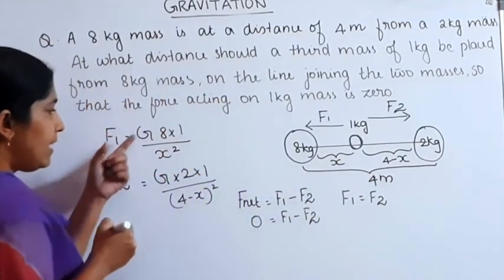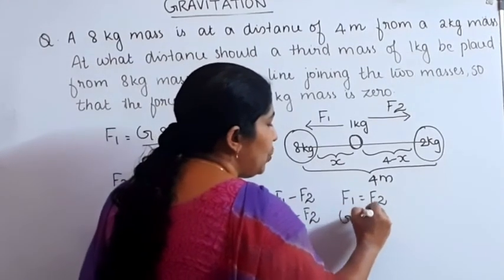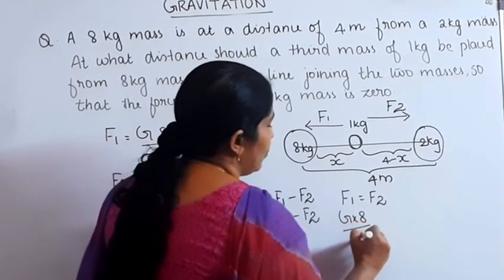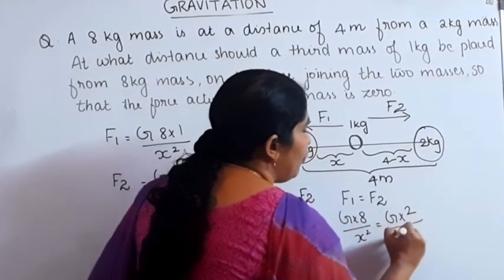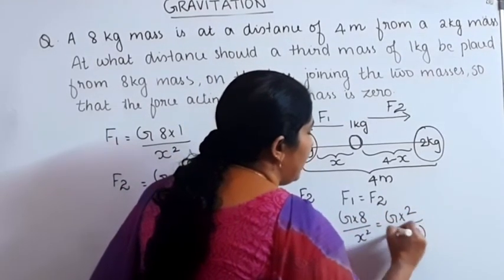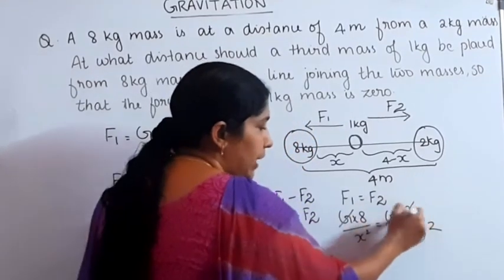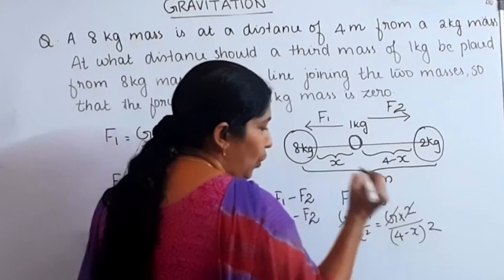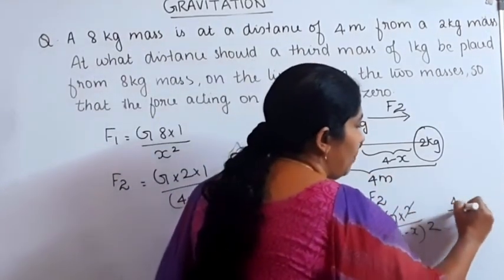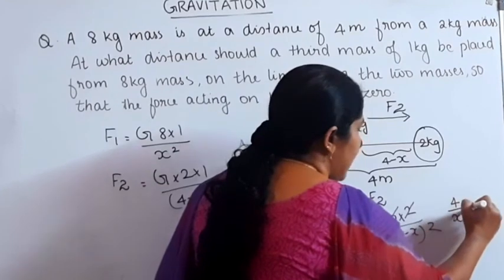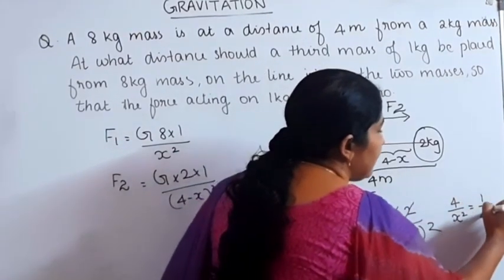Now we can substitute those values. F1 is equal to G into 8 divided by x squared, which is equal to G into 2 divided by (4 minus x) the whole squared. We can cancel G, and 2 cancels into 8 giving 4. Then 4 by x squared is equal to 1 by (4 minus x) the whole squared.